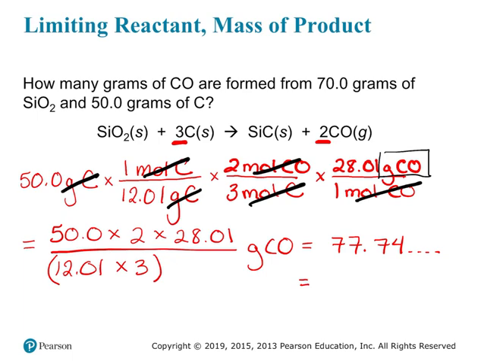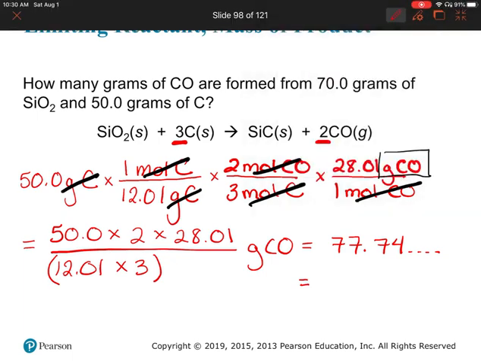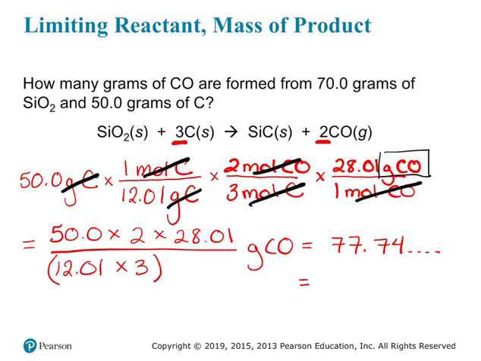So this is similar to before. So we need 3 sig figs. So we'll limit this to 77.7 grams of carbon monoxide.